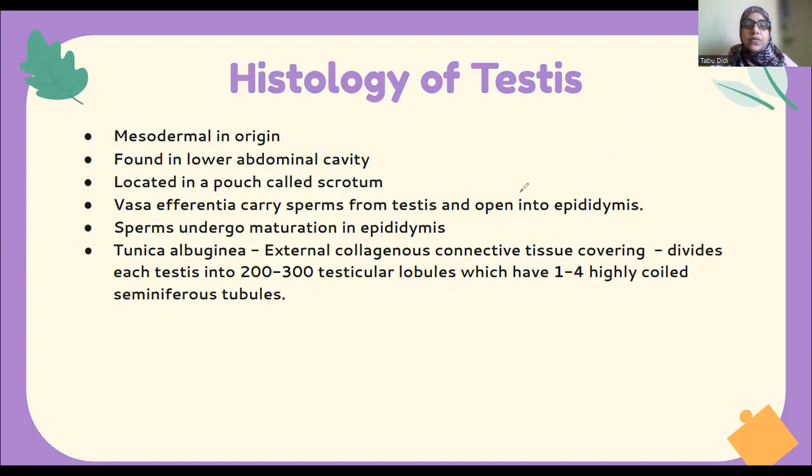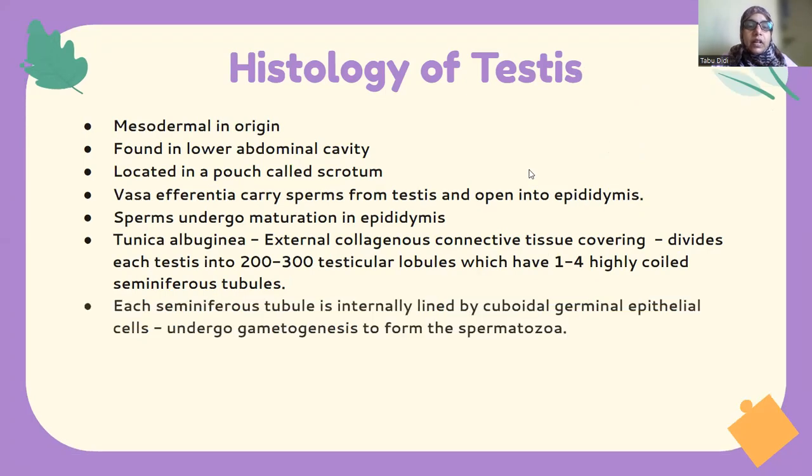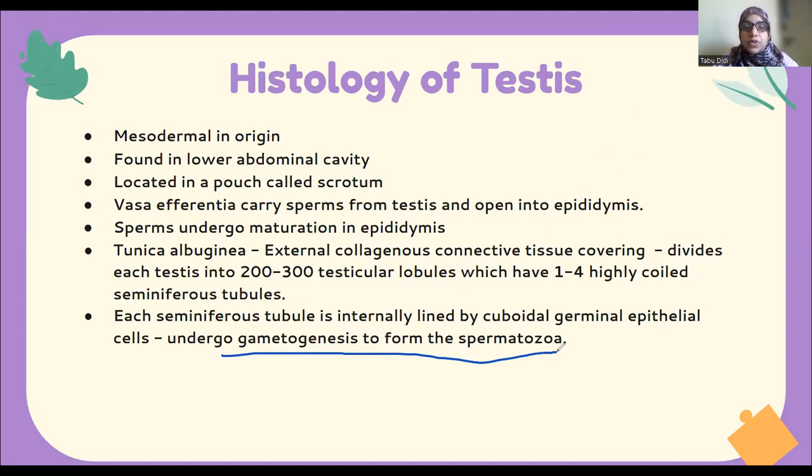So this is just what we saw right now in the previous slide. Each seminiferous tubule is lined by the germinal epithelial cells, the spermatogonia. It's the place where what will happen? Gametogenesis to form the sperms, to form the spermatozoa.